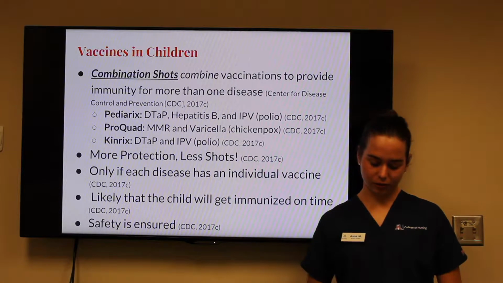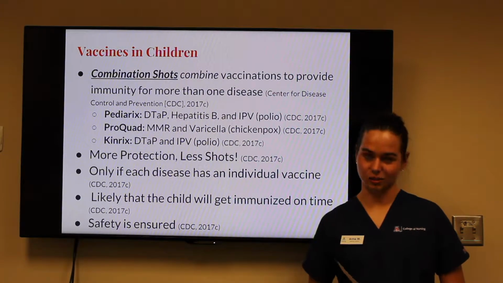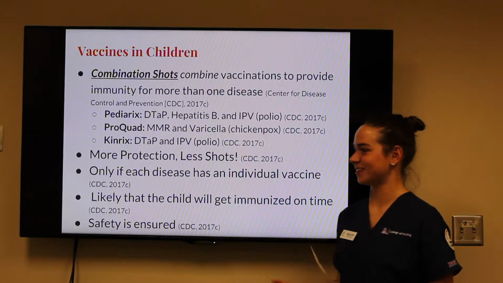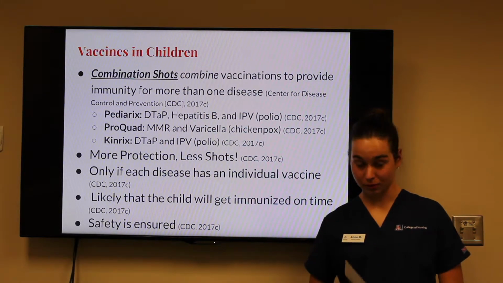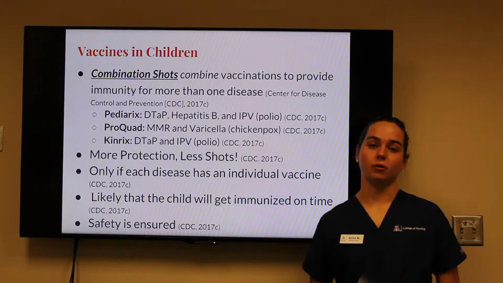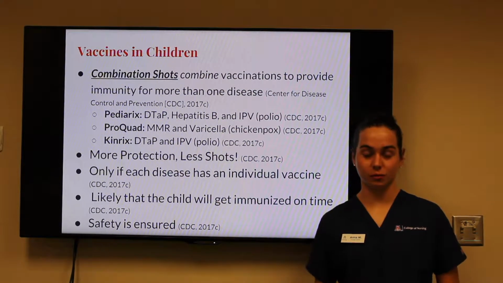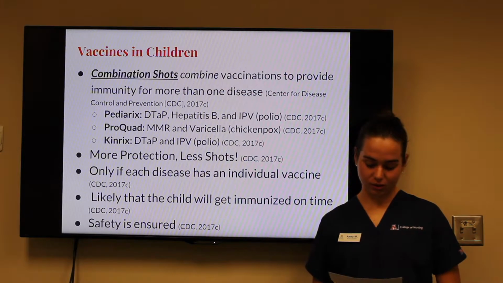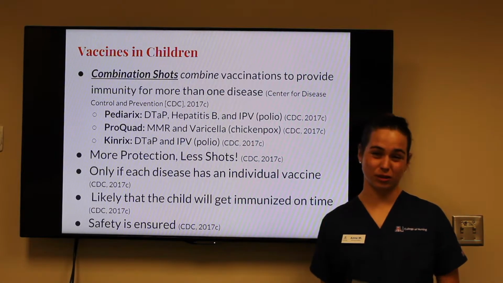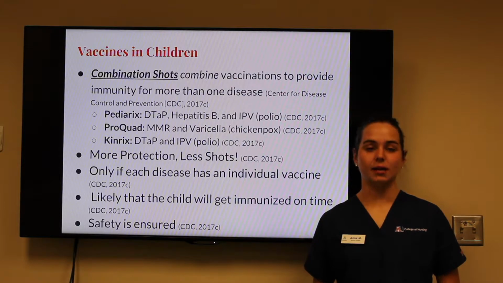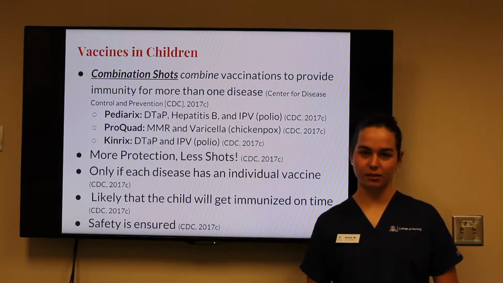One great phrase that a lot of providers like to use is "more protection, less shots." So again, it's talking about that idea that you can get more immunity with only a couple shots. With these couple shots, it decreases the side effects of vaccines, such as muscle aches or anything else you can get from those individual vaccines, and it provides a lot less stress on parents and children.